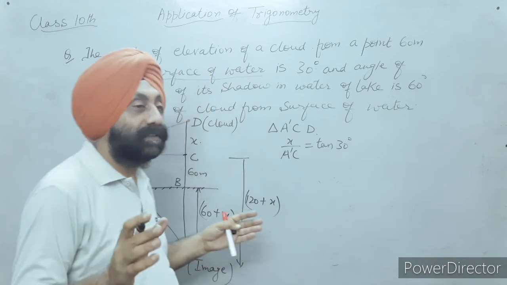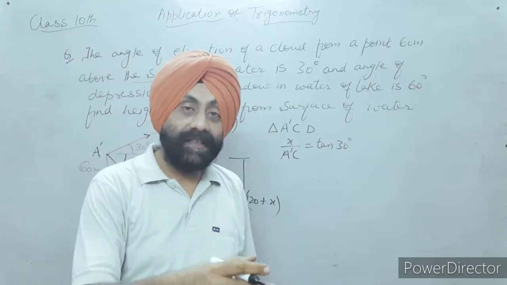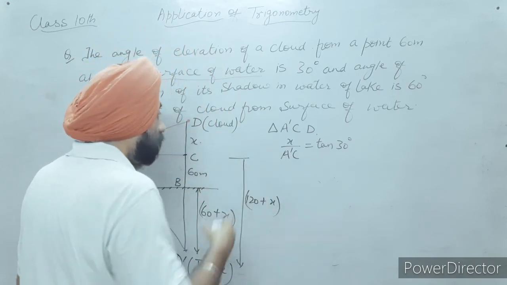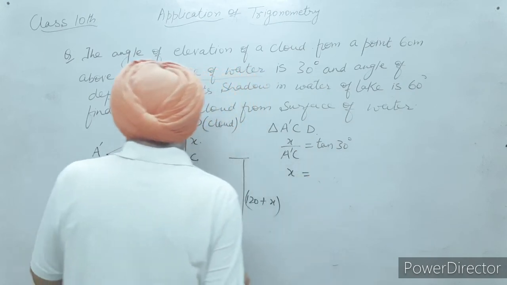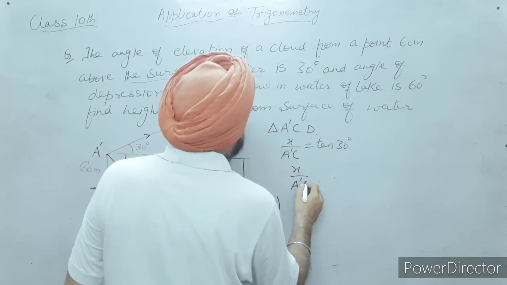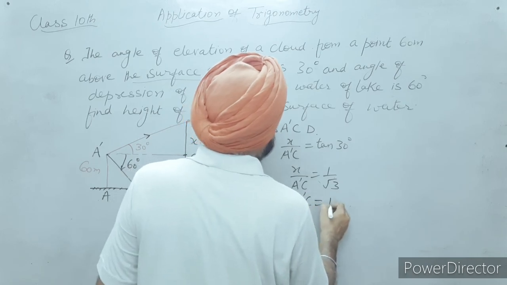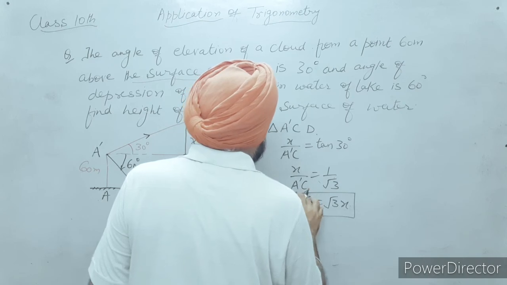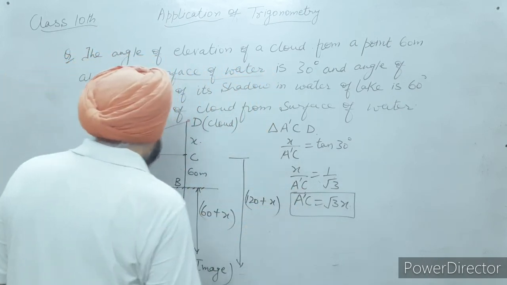I am telling you again, the trigonometric ratio of tan will be used maximum number of times in these kind of questions in this chapter itself. So x upon A dash C is 1 by root 3, or A dash C is under root 3x. A dash C is under root 3 times x.